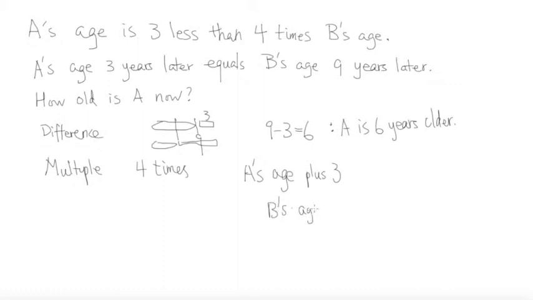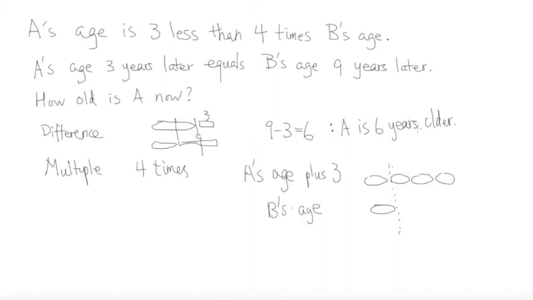So here, to draw this picture for difference and multiple, we need to be a little careful. You use a little thing to denote B. And then this will be 4 times. So now what's the difference here? Well, the difference is not the one we stated.